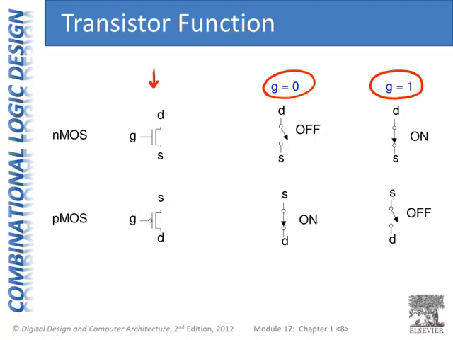PMOS transistors are the opposite, and that is indicated by this inversion bubble on the gate. A PMOS transistor is on, or S and D are connected, when its gate is 0, and it is off when its gate is 1.